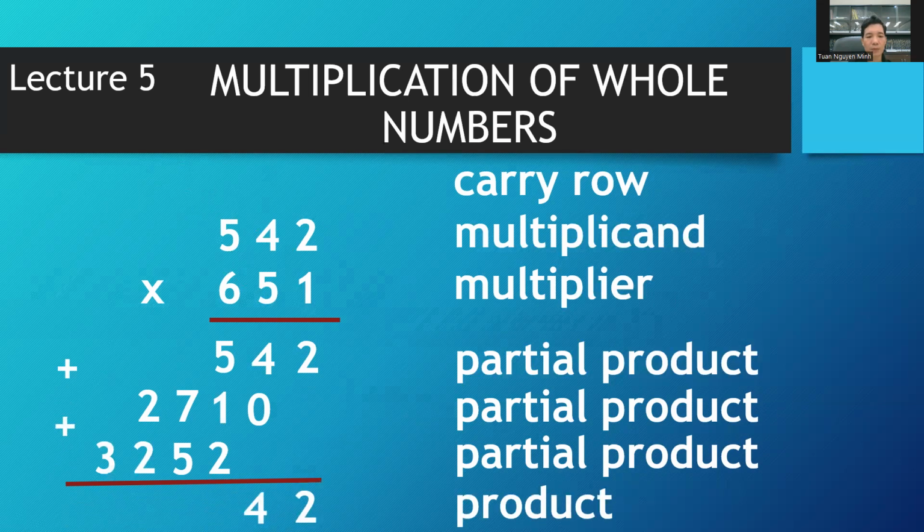Next column 5, add 1, add 2, so you got 8. And next column 7, add 5, so it is 12, write 2 here, carry 1, 1 add 2, so you got 5 and 3 written here. So the last answer you got is 352,080.